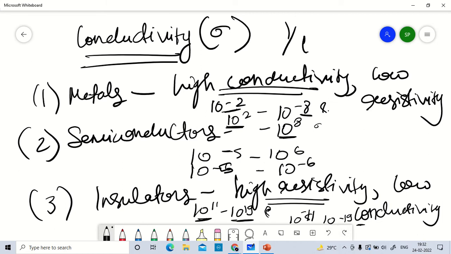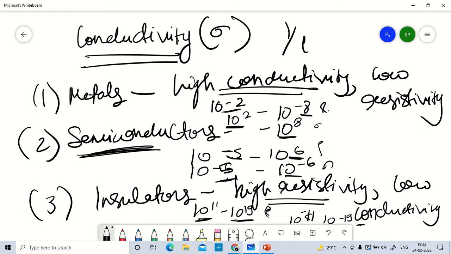In semiconductors, minus 5 to plus 6 is your resistivity range, whereas 10 raised to power 5 to 10 raised to power minus 6 is the conductivity range. It's basically the same. So therefore, they are called semiconductors.